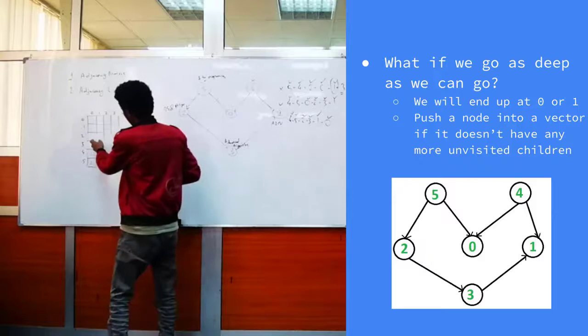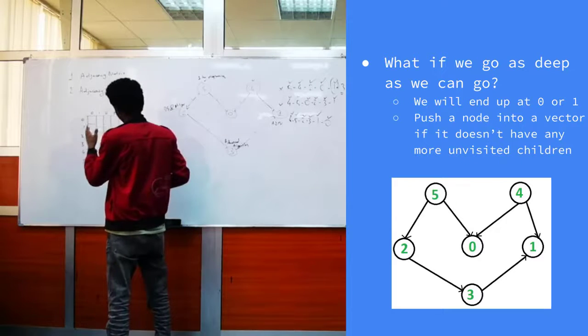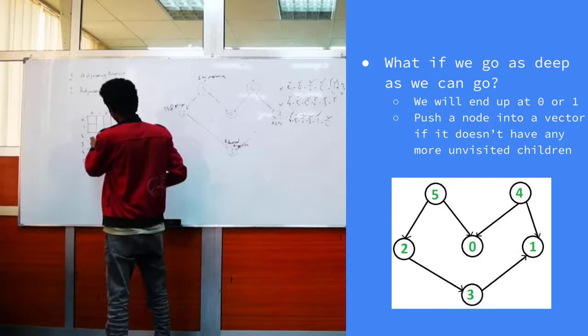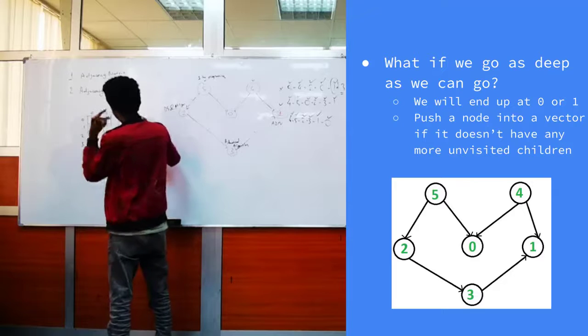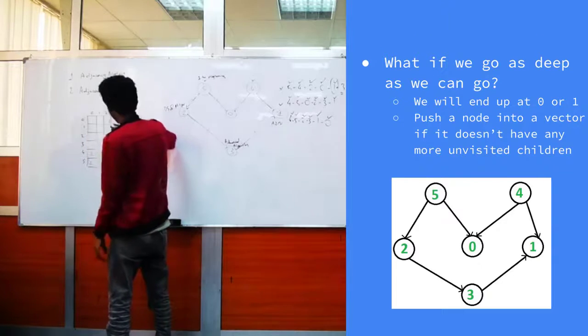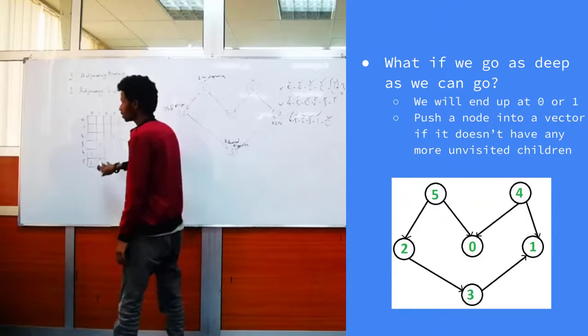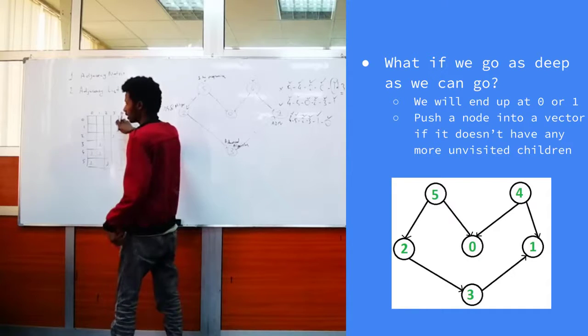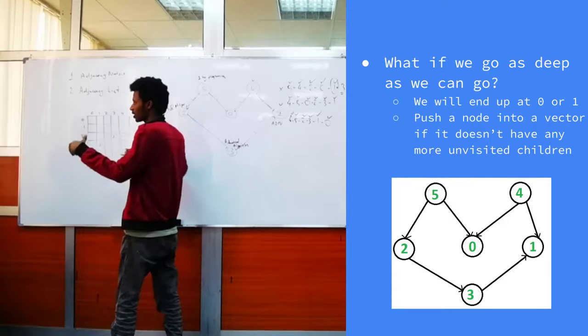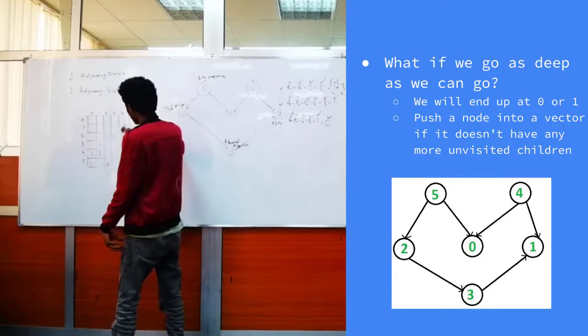But basically what I'm thinking is if a column doesn't have a 1 in it, we can take it as a node that doesn't have incoming edges. Yes.